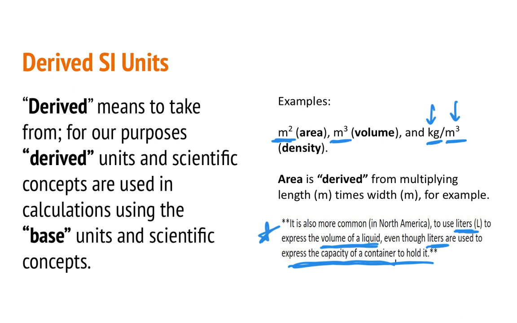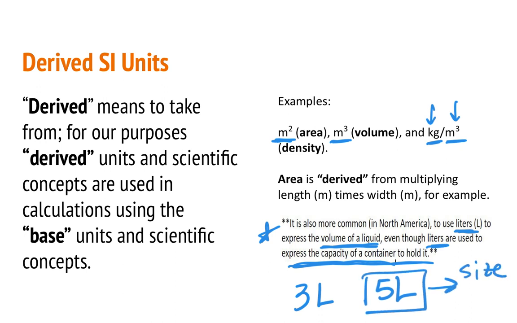So for example, here in North America, we would say that I had 3 liters of liquid, when in other parts of the world, they would be referring to that volume as the size of the container. So if I had 3 liters of liquid in a 5-liter container, in other parts of the world they would say 5 liters in relation to the size of the container, not the measurement itself.